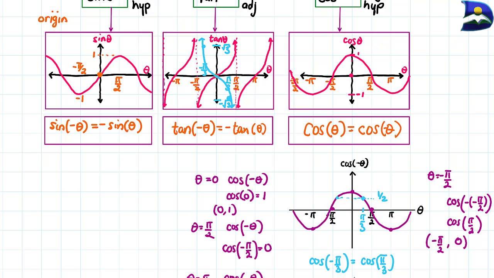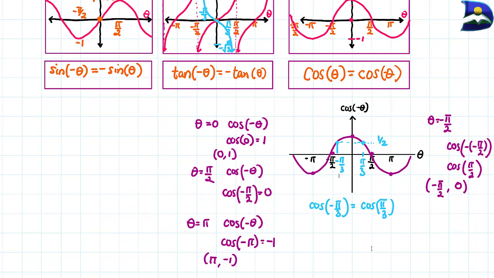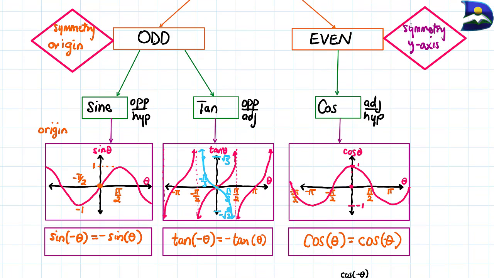When you do the same for negative pi over 3, you should have the same value as what we had over there. So your y result is the same, whether it is the positive or the negative of that same angle for cosine. Therefore, it is even because there is a symmetry along the y-axis.